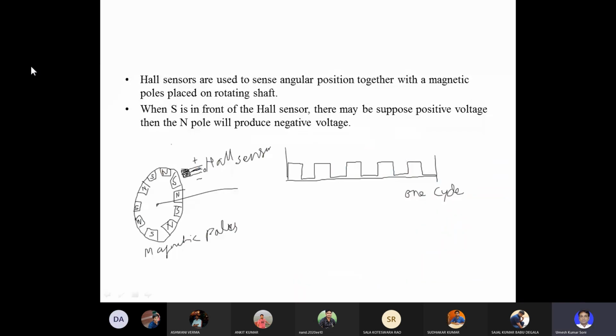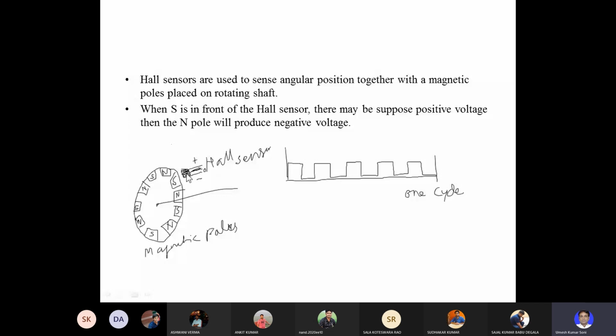Here you can see how the Hall sensor IC can be used for getting the angular position. Suppose there is a disk which has alternate N and S poles. Small N and S poles can be fitted in a disk, so this IC can sense the N and S poles.